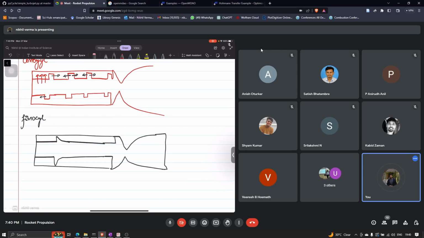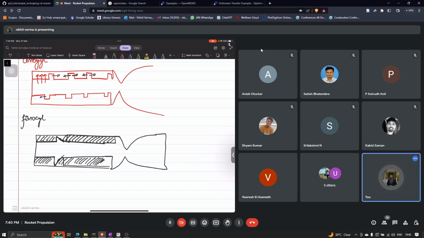What's the difference between phenocell and conocell? This is something like a conical thing. If you rotate this geometry, it will become like a cone and a cylinder, and this is a cylindrical grain.